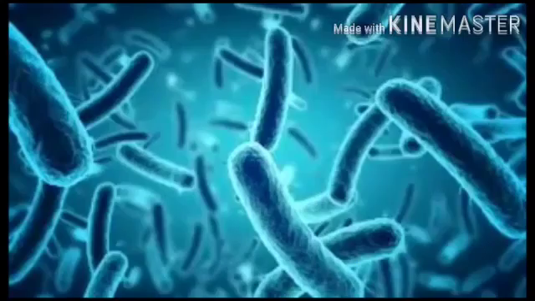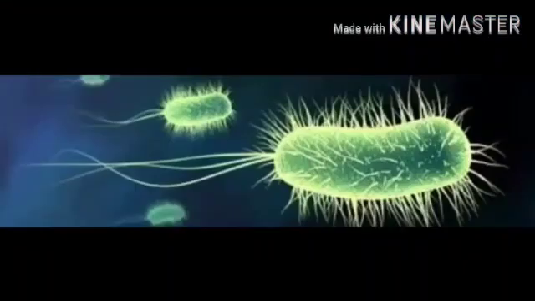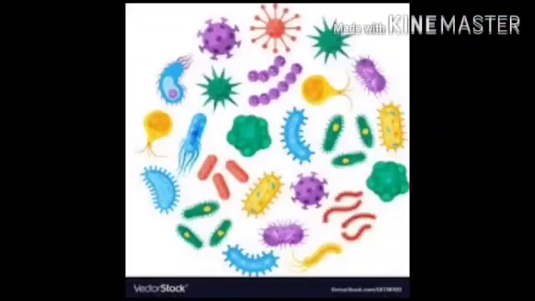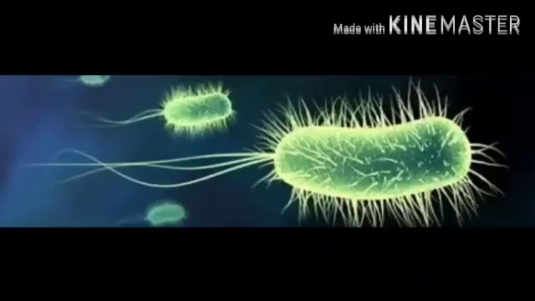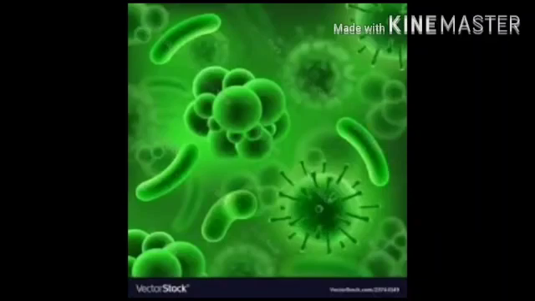Let's see the introduction. Microorganisms are so tiny in size that they cannot be seen with your naked eye. With the help of the microscope only, we can see these organisms. Therefore, they are called microbes. Microorganisms occur everywhere. They are found in air, water, soil and even inside our bodies.